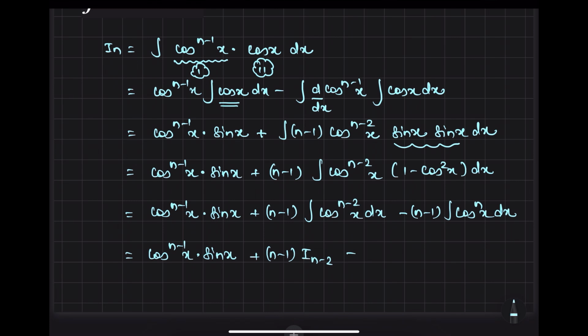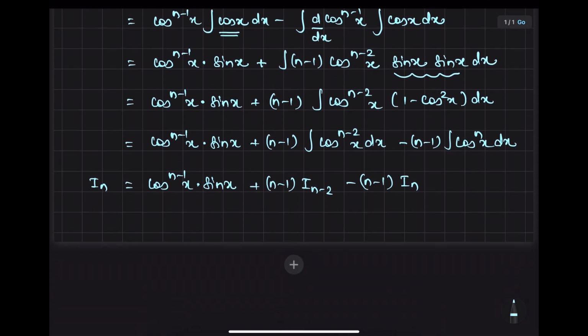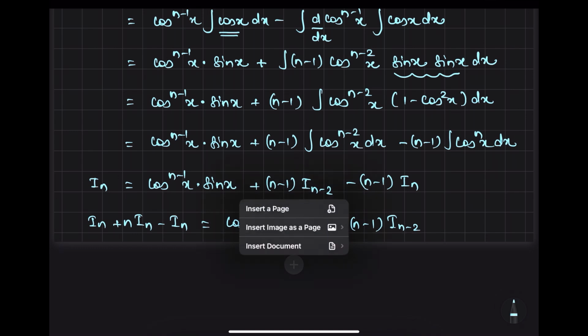Now it is n minus 1, and this thing will become In, and here also we have In. Now for simplification, bring everything to the same side. So it is In plus n minus 1 times In, which is n times In, equals cos power n minus 1 x sin x plus n minus 1 I n minus 2.